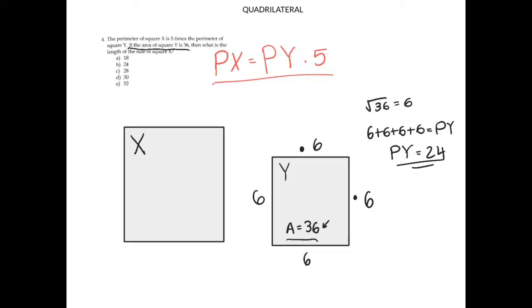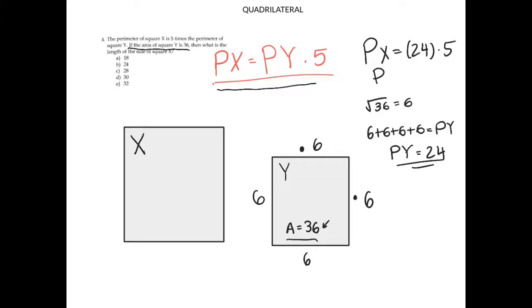Now, after we get our perimeter of square y, we'll go back to our original equation that we created. So Px is equal to Py times 5. Now we have Py, so let's plug it in. We've got Px is equal to Py, which is 24, times 5.